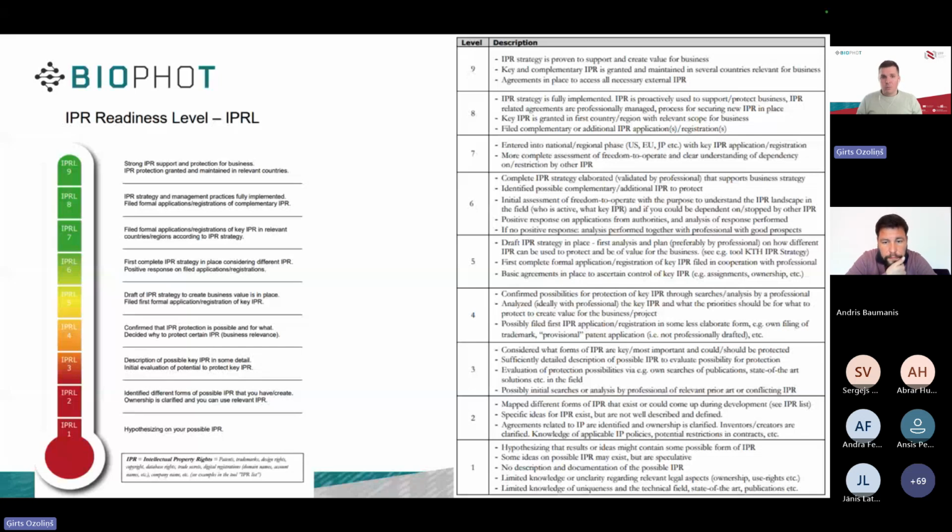IP, intellectual property, is a very important aspect. What I have seen previously is, I would not say a common mistake, but more a common practice, how we did it in Latvia. We have research projects, and at the end of the project we have promised to write a patent, and we basically just fill in a patent application, not knowing much about our target markets, our niche, who our customers are, or who our competitors are.